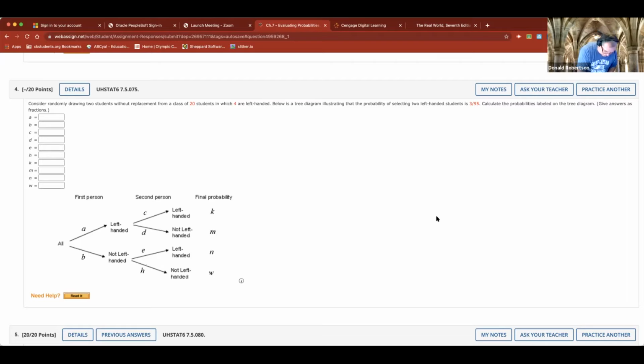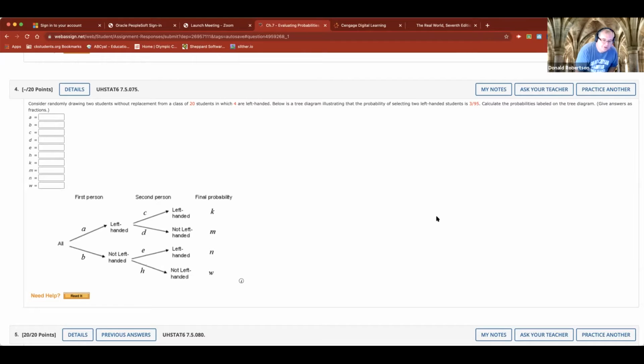And that's your first person you choose. And then it's 3. I'm just basically copying the blank version of this tree diagram right now. So left-handed, right-handed, and then E, H, that's going to be left-handed and right-handed. And then they finish with, well, it's the second person.